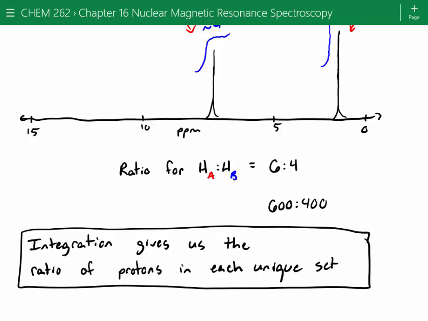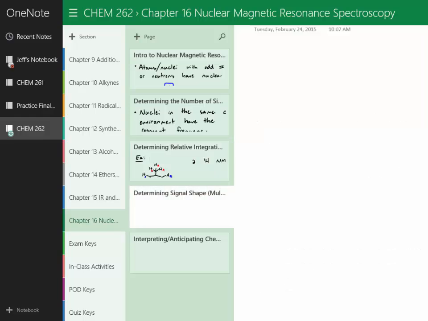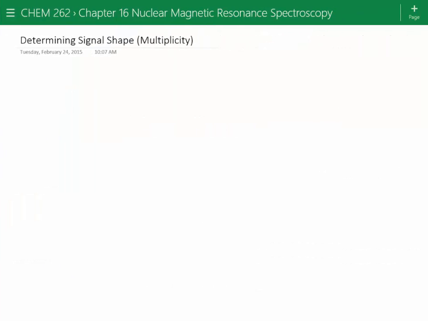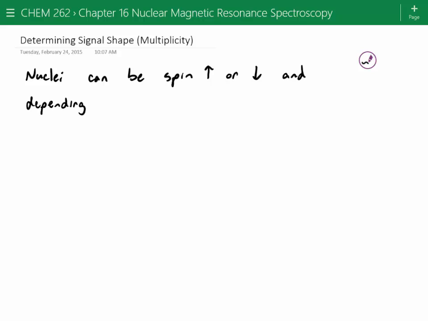The next one is looking at signal multiplicity or signal shape. This kind of gets abstract, but I'll try to define it the best way I can. And it's that nuclei can be spin up or spin down. And depending on the spin state, it will interact with neighboring protons differently.